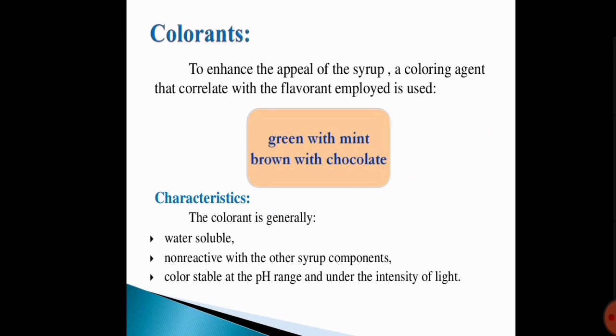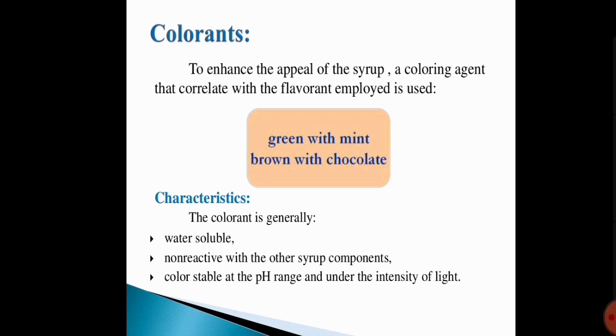We have the colorants. We have special colors for special flavors. We will have dark yellow color for the orange flavor and the mango flavor, and brown or chocolate color for cherry or strawberry syrup. For the vanilla flavor, we will have the green color.